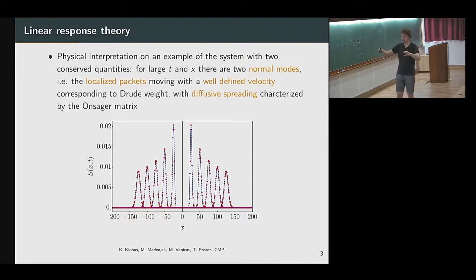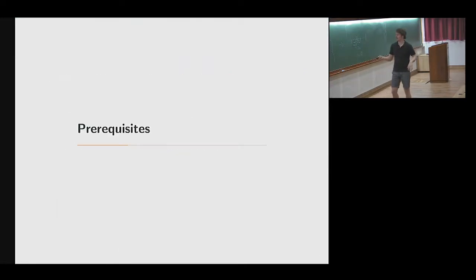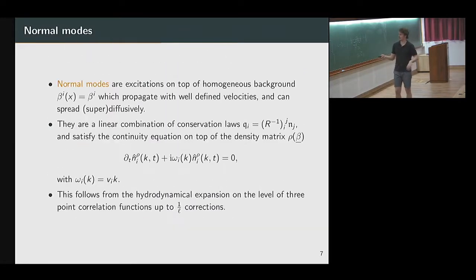And the idea of normal modes is just to separate them. So when you look at the two-point function of one normal mode, you'll just see one peak propagating with a well-defined velocity and spreading with some coefficient given by the Onsager matrix. So okay, these are the normal modes.